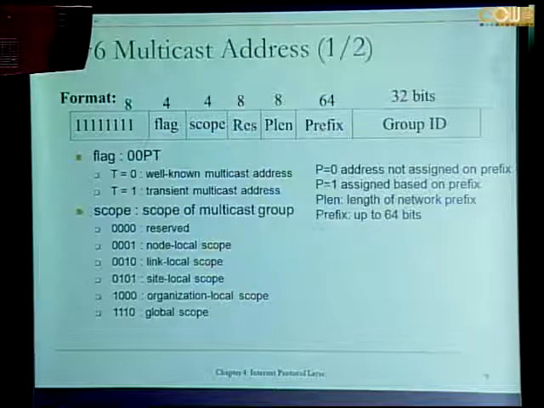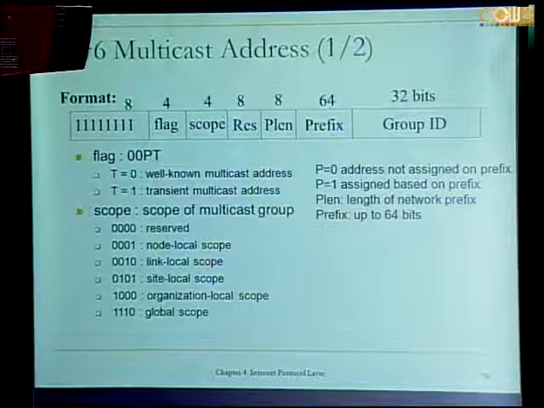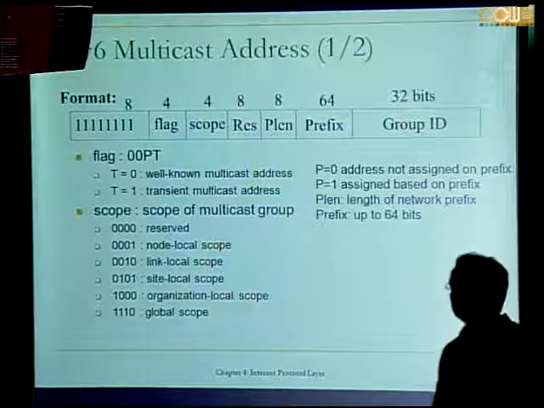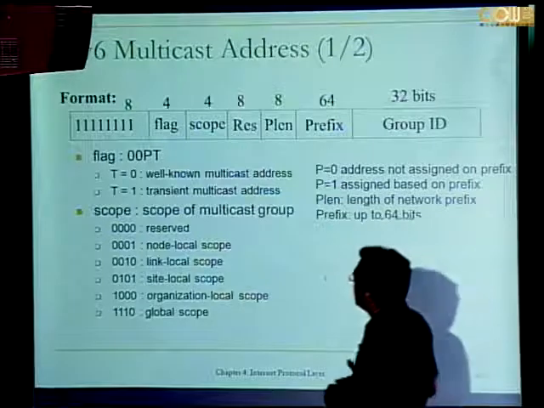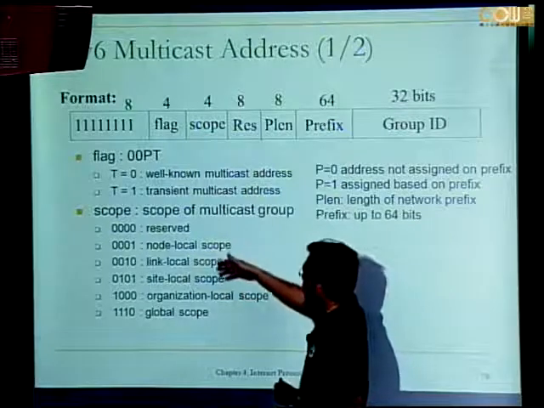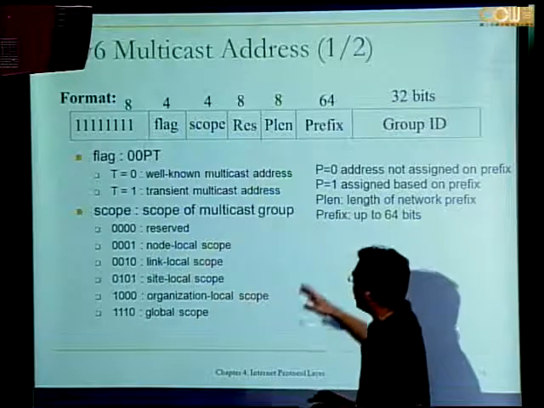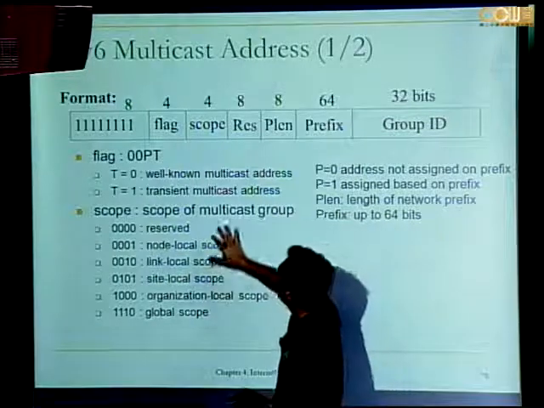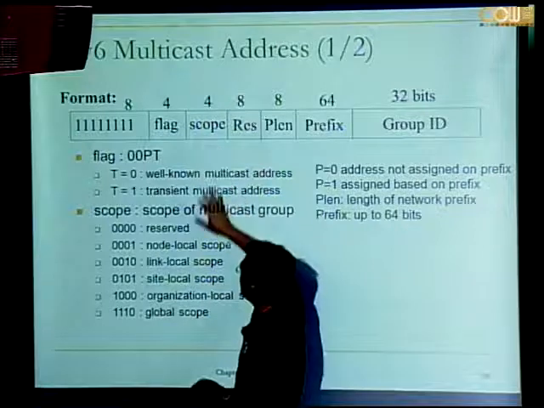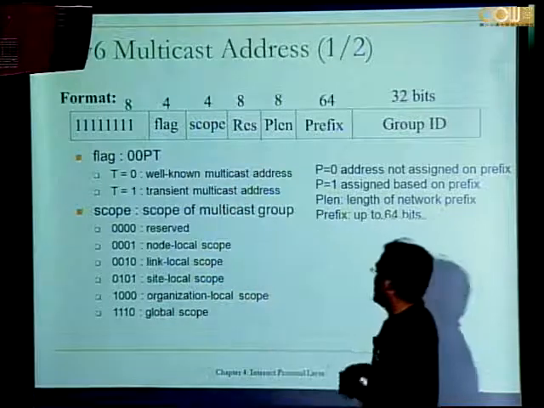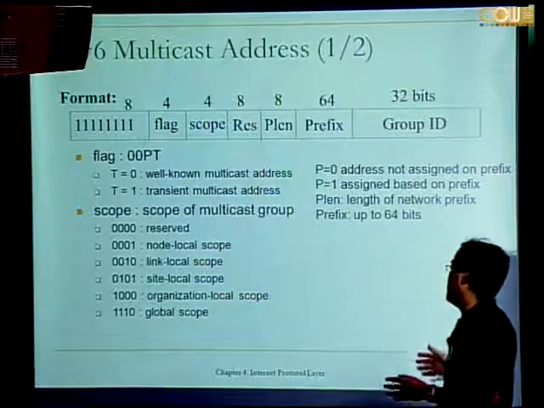Okay, and here's the multicast address space that also decomposes the address, the prefix, into more levels. So you would have node local, link local, site local, or global scope. Those scope information here will be used to limit the scope of the multicast.